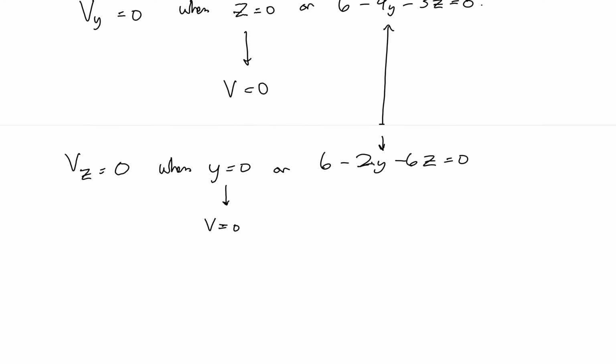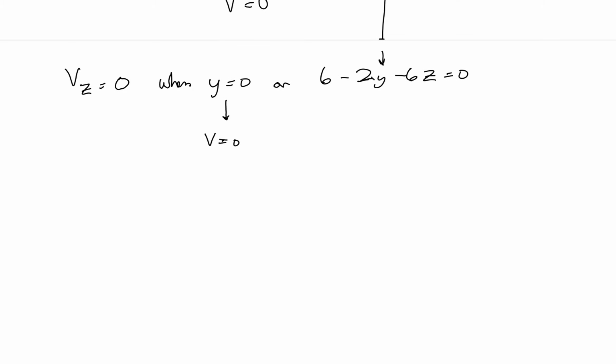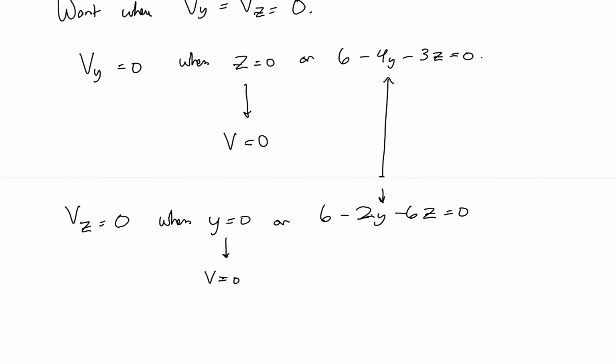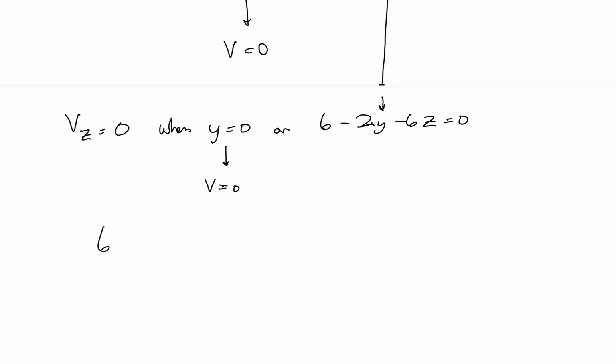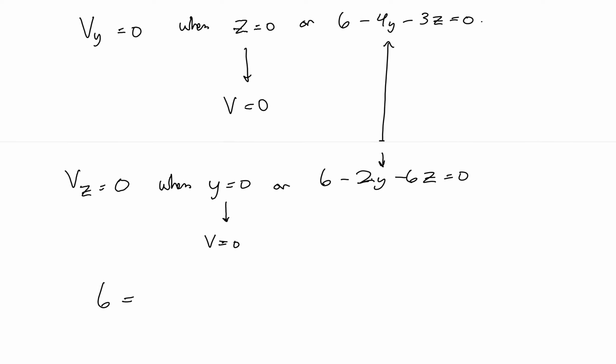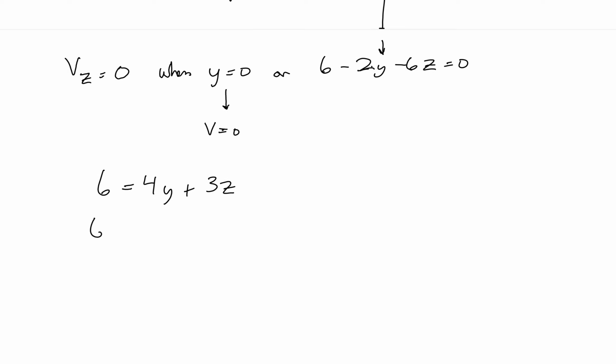As long as you get something bigger than 0 for this, the first two cases are not what we need. So if we take these and solve them and bring the 6 to the other side, I would have, for the first one, 6 is equal to 4y plus 3z. And for the second one, I have 6 is equal to 2y plus 6z.